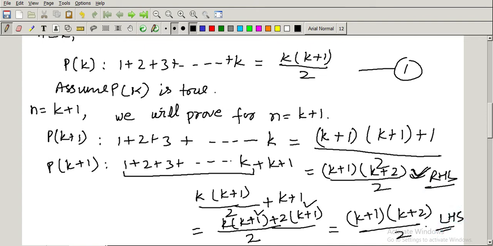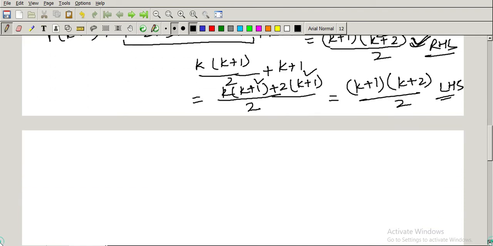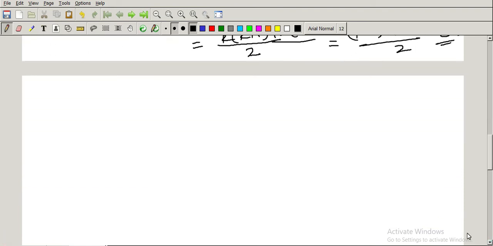ठीक है. तो दोनों क्या हैं, इक्वल हैं. दैट मीन्स क्या हुआ, दैट P(k plus 1) because LHS is equal to RHS for k is equal to k plus 1, right, है ना.